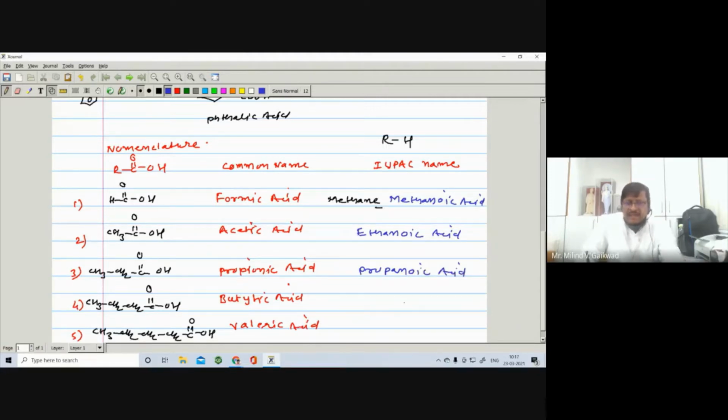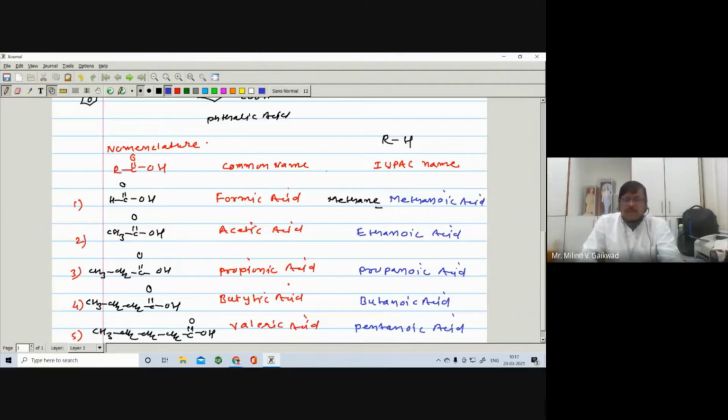In this way you can write the names of the other compounds. Butane, butanoic acid. Similarly, pentane, pentanoic acid. So in this way you have to write down the name of the compound.